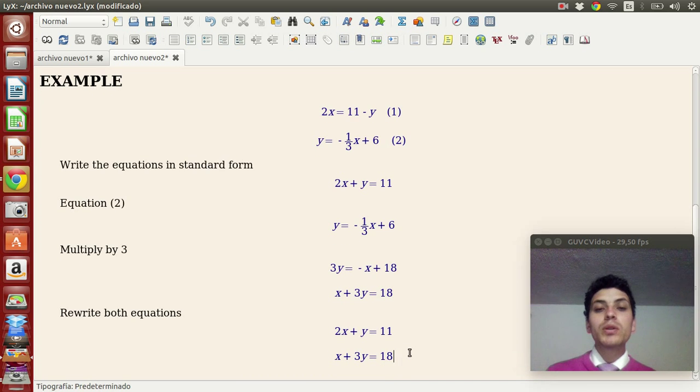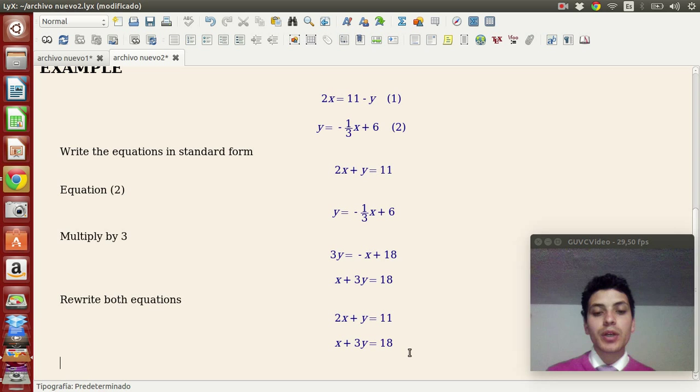So we have to multiply the equations to have the same coefficient, but negative for one of them.